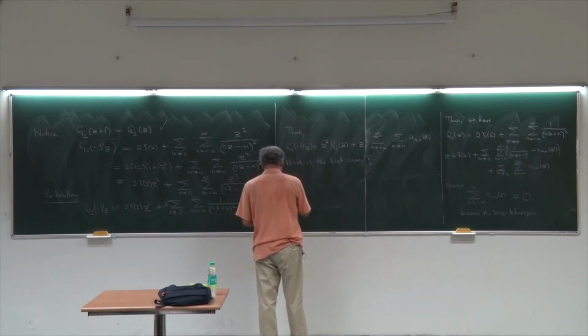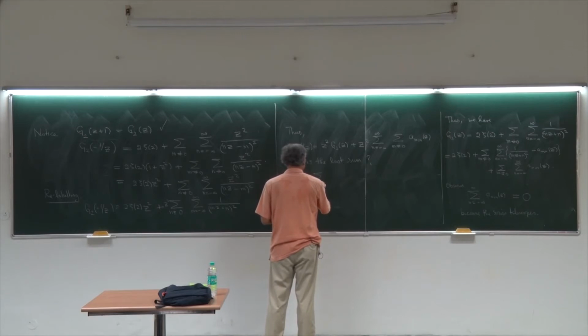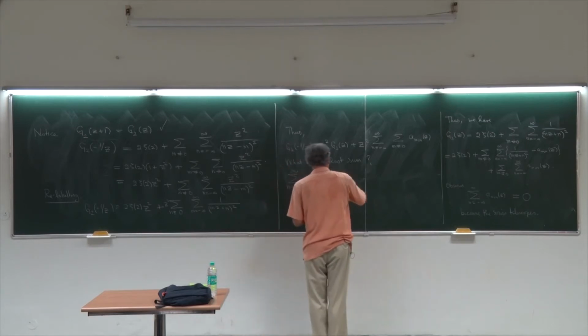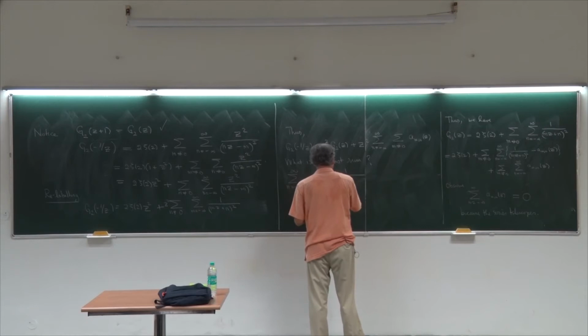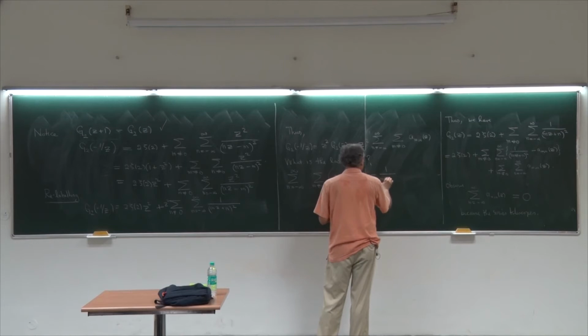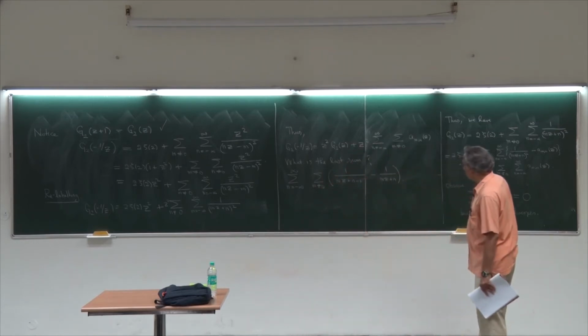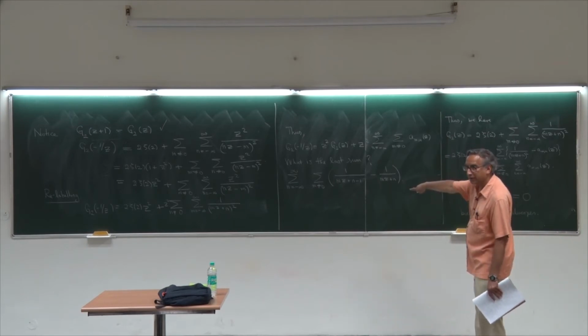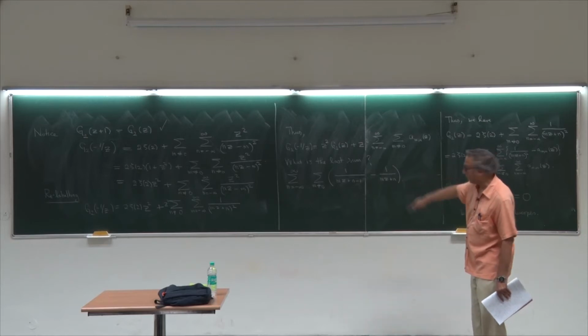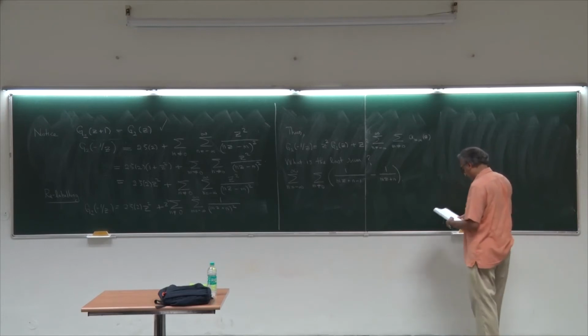We have to evaluate the sum over n from minus infinity to infinity, m not 0, of 1 over (mz plus n minus 1) minus 1 over (mz plus n). Now, this looks awfully familiar. We were using the cotangent function last week when we were discussing this. So maybe we can rewrite it in terms of the cotangent function.